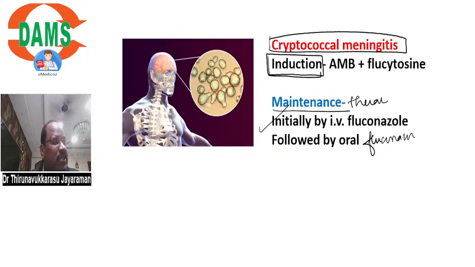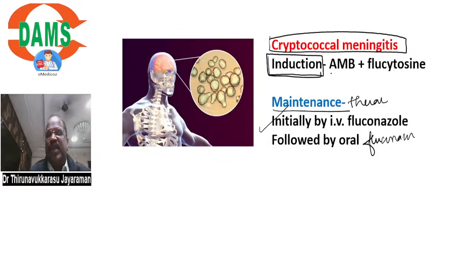So, in case of cryptococcal meningitis, best to start is combination of amphotericin B plus 5-flucytosine. After stabilizing the patient, as a maintenance therapy, put them on fluconazole IV followed by oral.